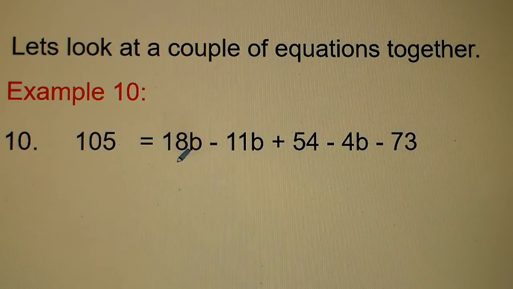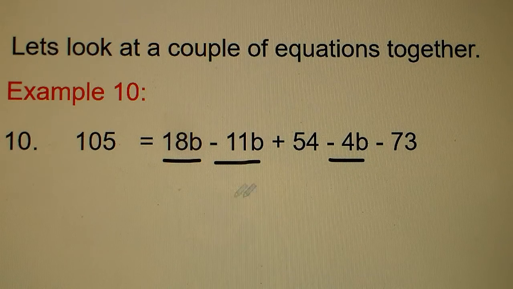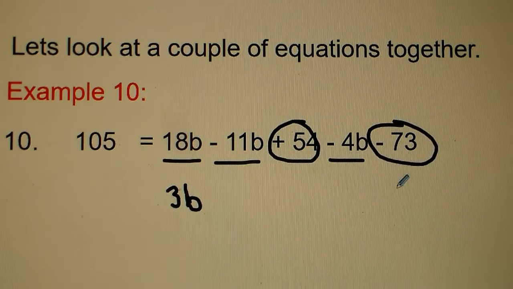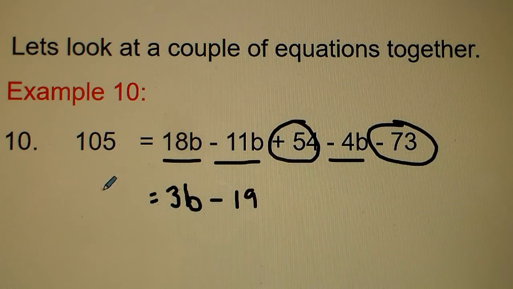Number 10. 18b minus 11b gets us 7b, and 7b minus 4b gets us 3b. 54 minus 73. That gets you 13 plus 6, which gets you 19. So this is negative 19. Equals 105.